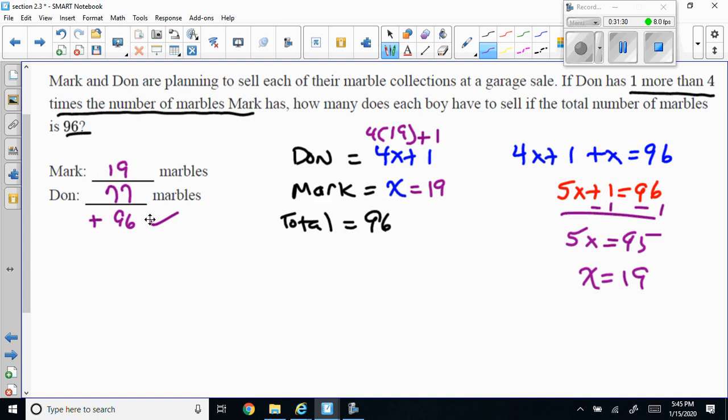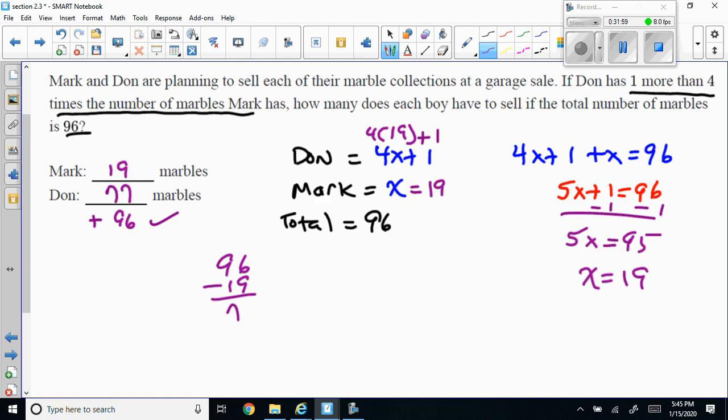Okay, you got Mark being 19? If you plug 19 in for x here, 4 times 19 plus 1. You might have typed something wrong. Did you do it on paper or in the calculator?